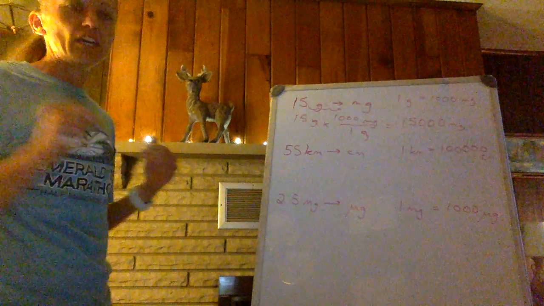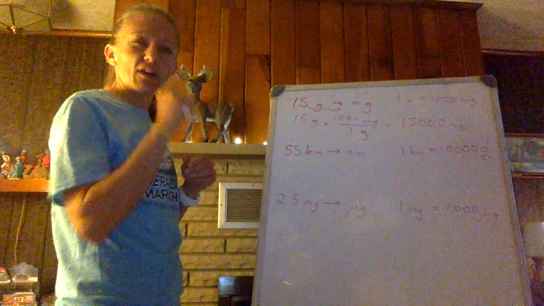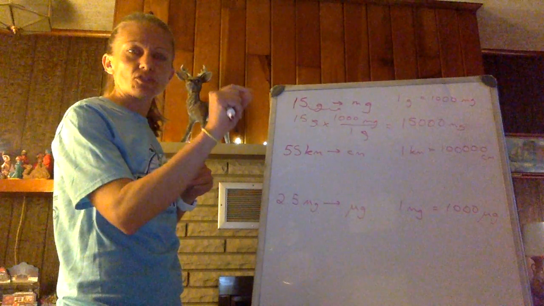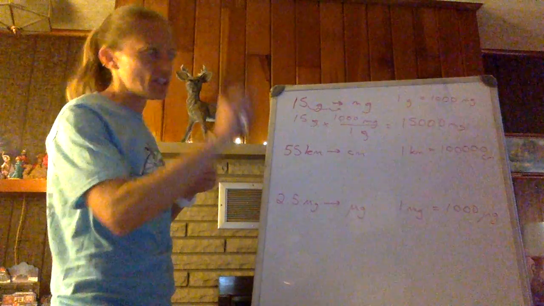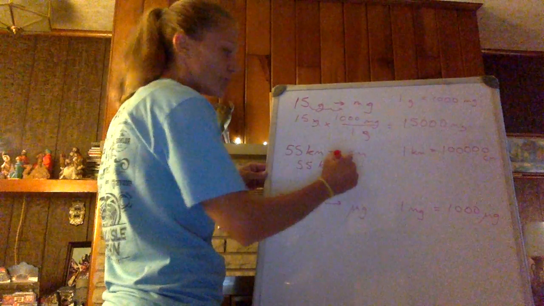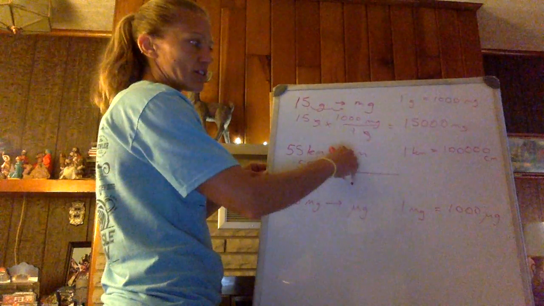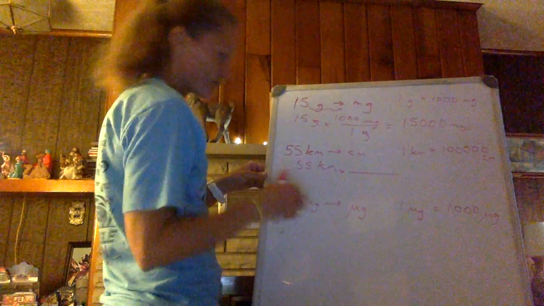So I did a little bit of thinking ahead of time on this one to come up with a kilometer equals 100,000 centimeters. Because a kilometer is 1,000 meters, and then I have deci and centi, so I did 1,000 and 2 more zeros. 55 kilometers, and I can do it this same way, or I could just move the decimal. I'm going from big to little, so I moved that way.